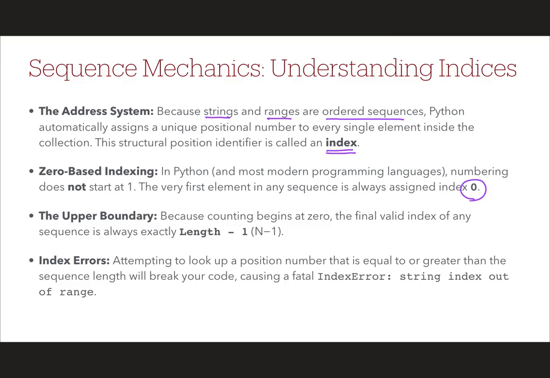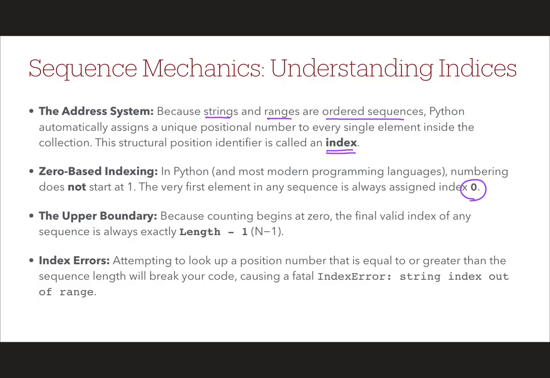In some programming languages like MATLAB, the index value starts from 1, but in many classical programming languages like C, C++, or Python, the index value starts from 0.